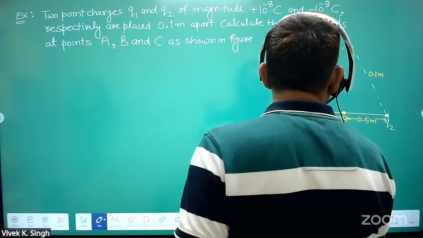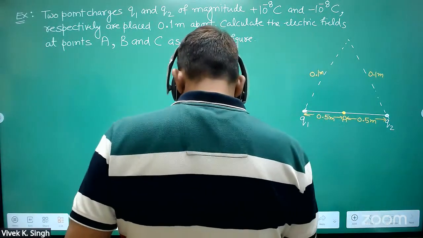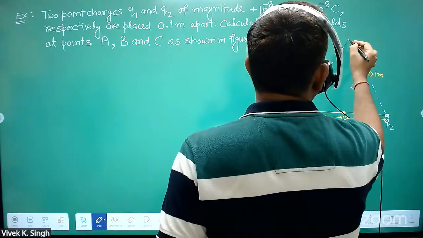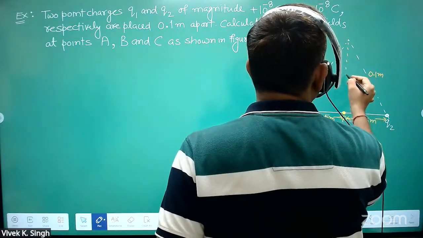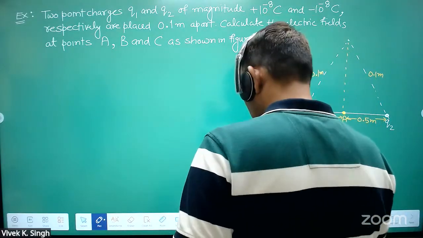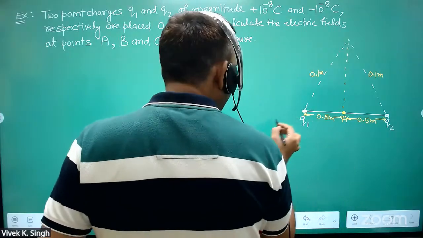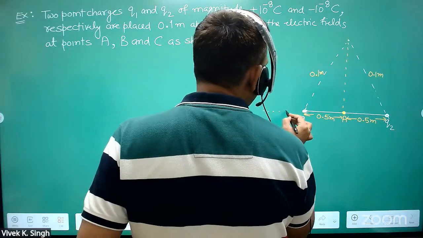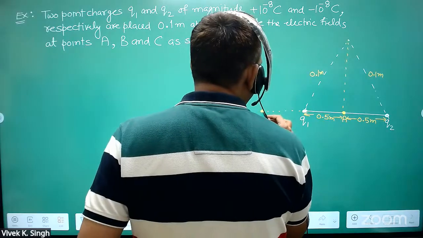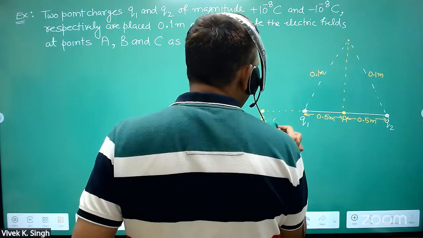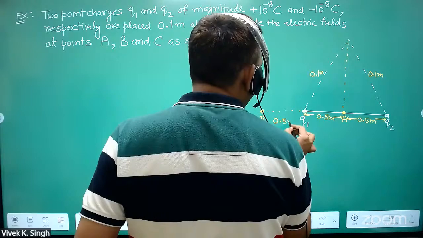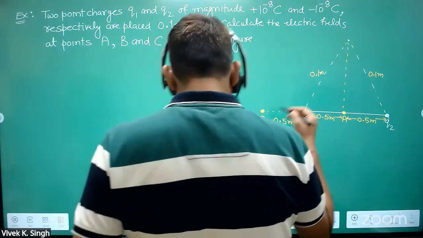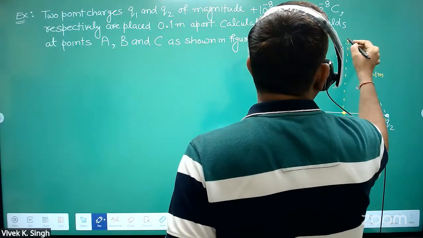So this is point A, and there is another point B here. This point B is 0.5 meter away from Q1, and this point is C.